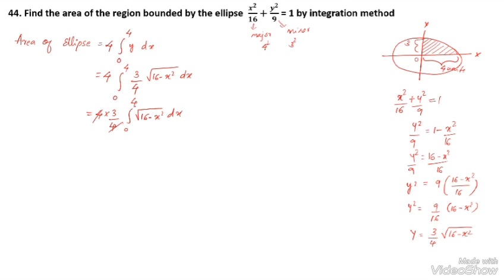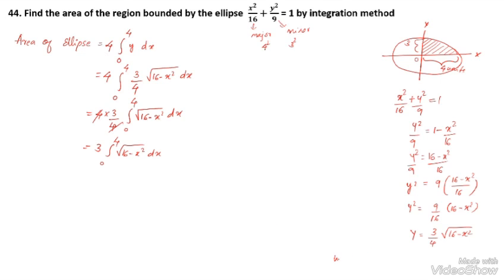4 get cancelled. So here there is a 3. Now I can take 3 into integration 0 to 4 root of 16 minus x square into dx.